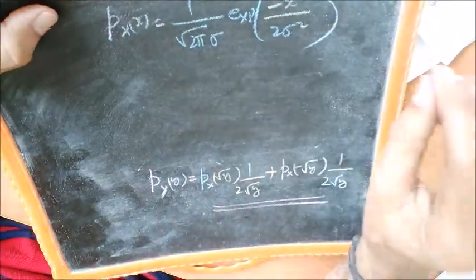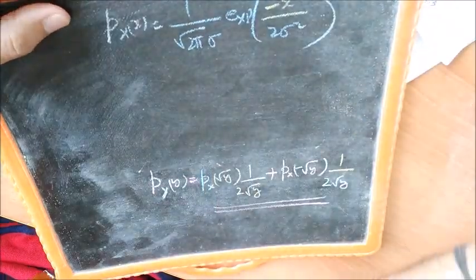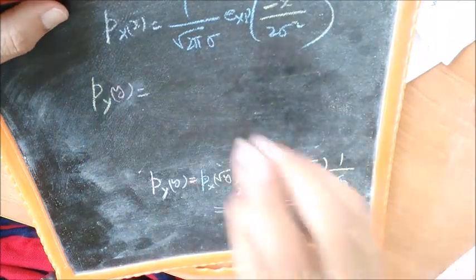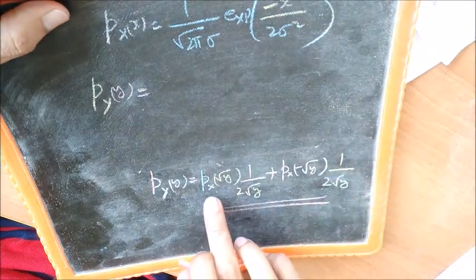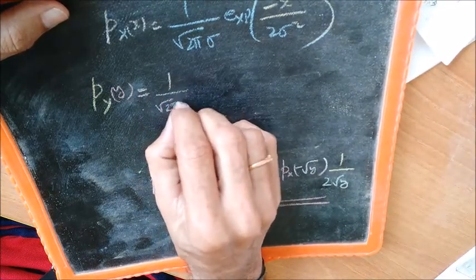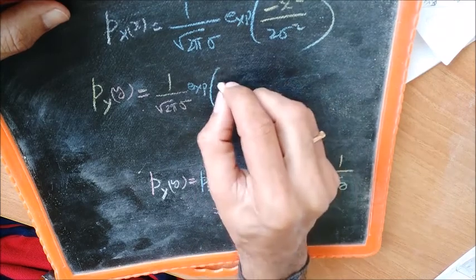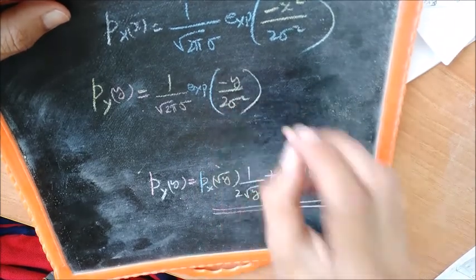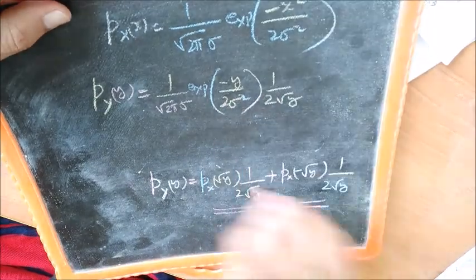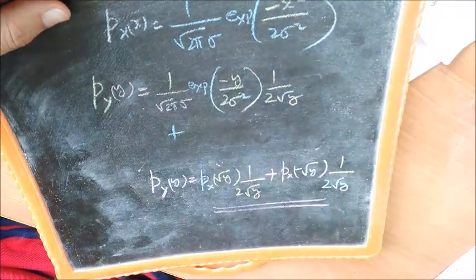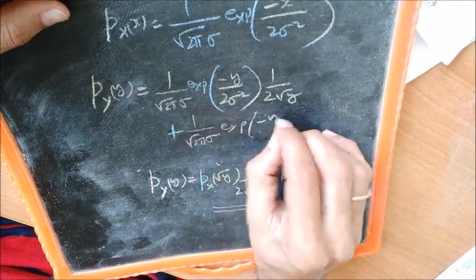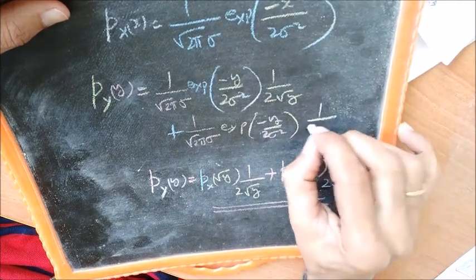Now if this is the random variable which we squared and got y, then the density function of that will be equal to, you have to substitute x with root y, and 1 by 2 root y, of course, plus again substitute x with minus root y, you get the same thing, and then 1 by 2 root y.